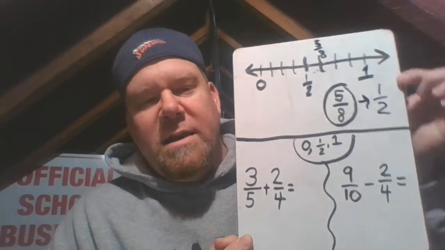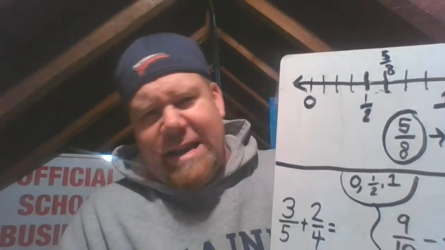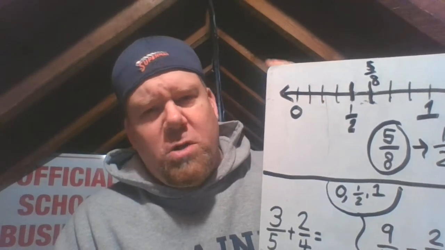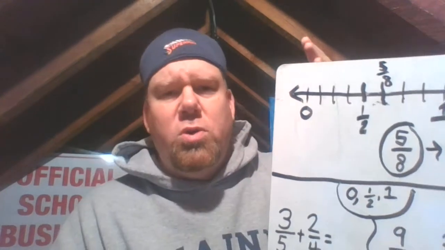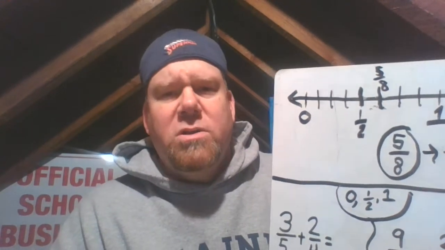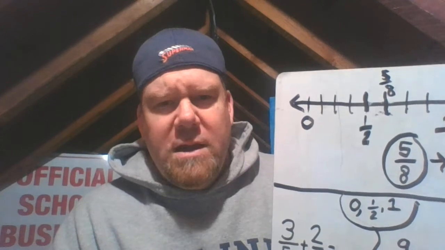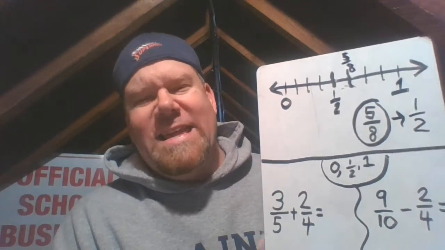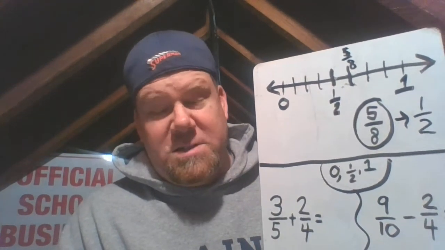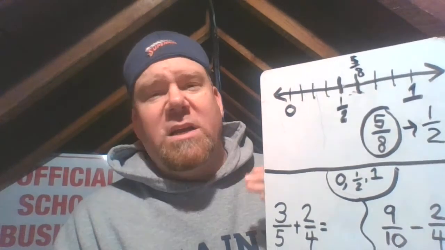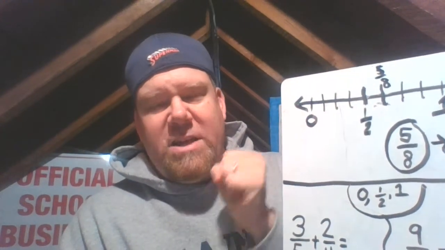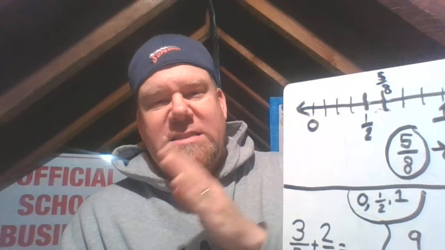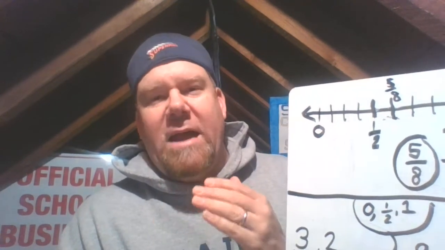Once you start getting in your head whether this fraction is closer to 0, to 1/2, or to 1, a whole, then you can work on estimating the sums and the differences. Why is that? Because you can take the fractions that you're adding or subtracting, estimate them first, and then add or subtract.